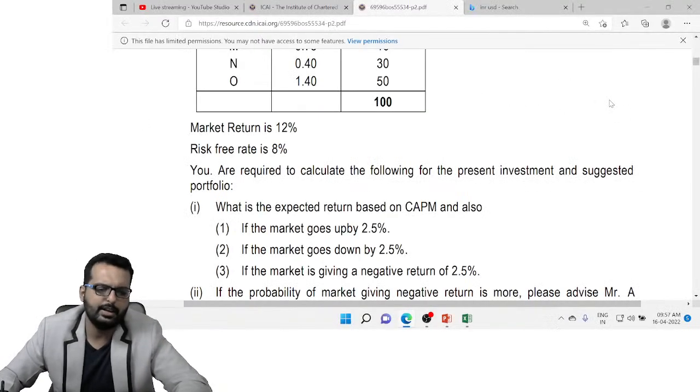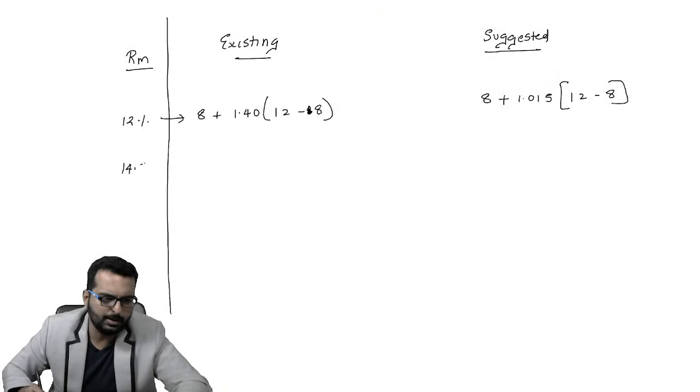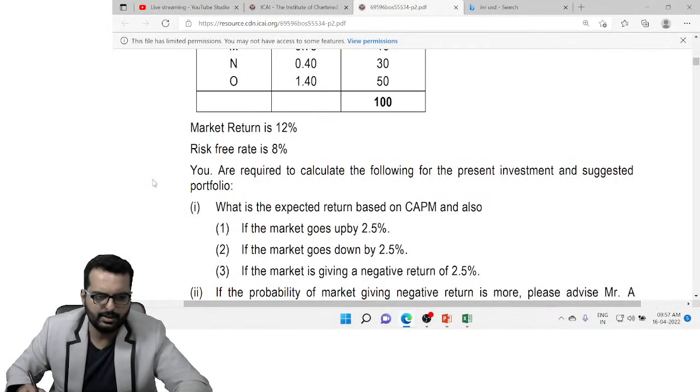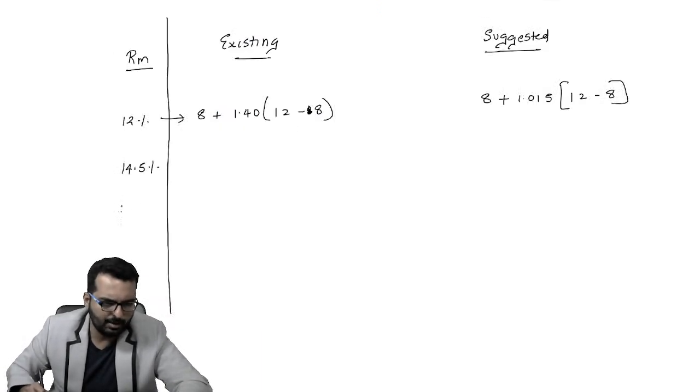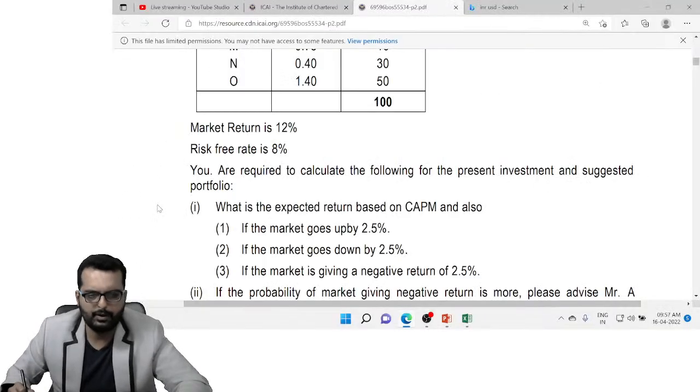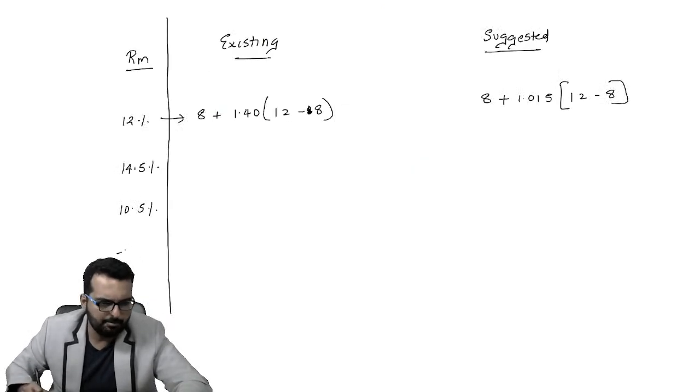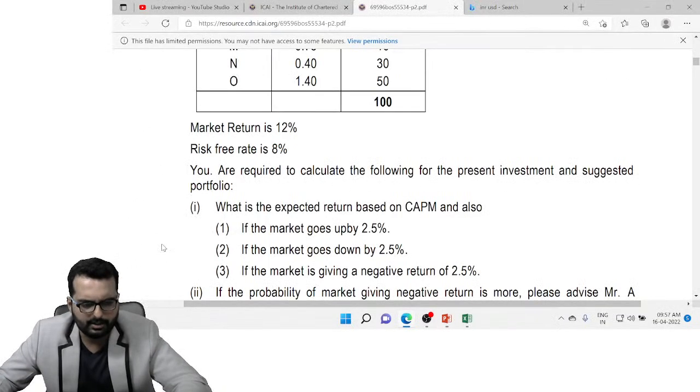Now they say if the market goes up by 2.5% means it will become 14.5%. Goes down means it will come down to 10.5%. The market is giving a minus 2.5% return. Okay, that's all. Nothing great over here.